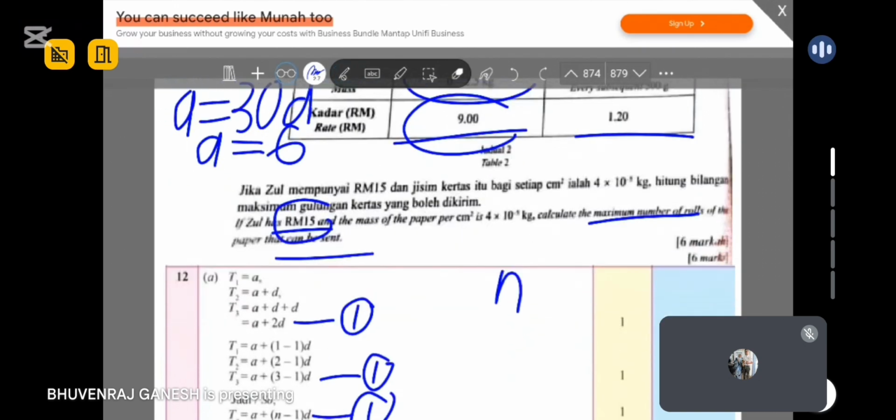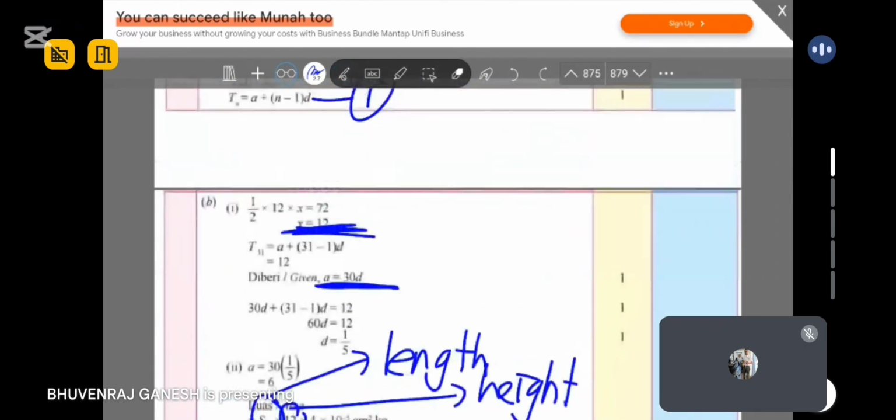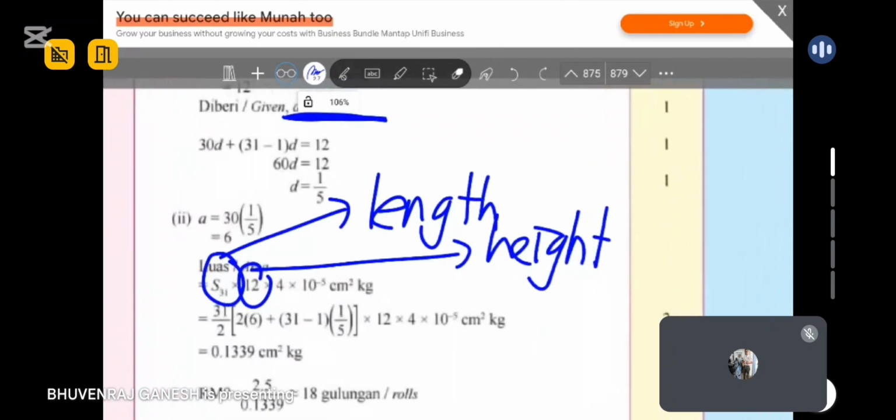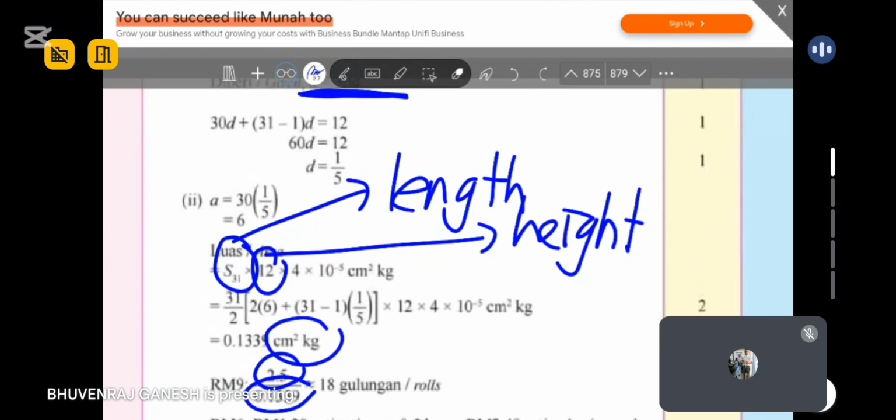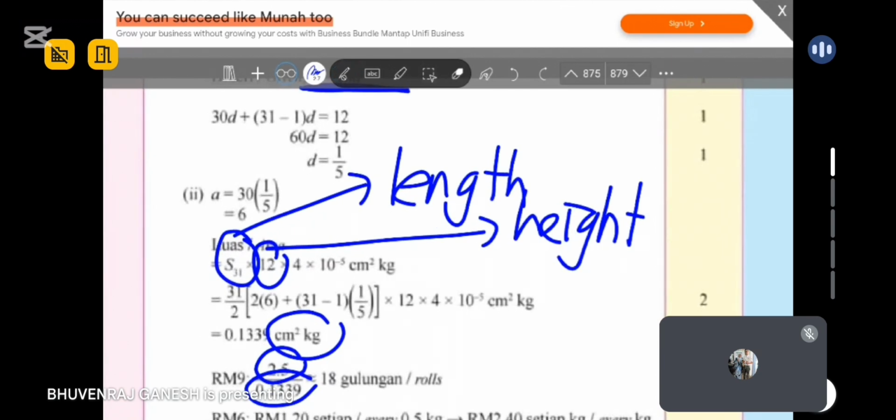So 2.5 kg is the maximum. And 0.1339 is cm square per kg. So guys, you see 2.5 is kg, am I right? 0.1339 is cm square per kg. So you will actually get cm square as the unit after you divide.